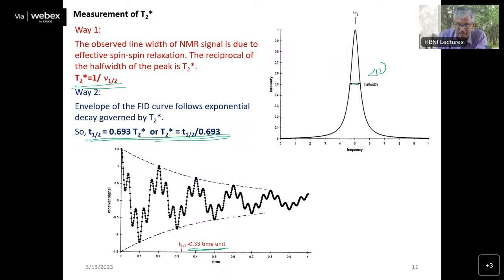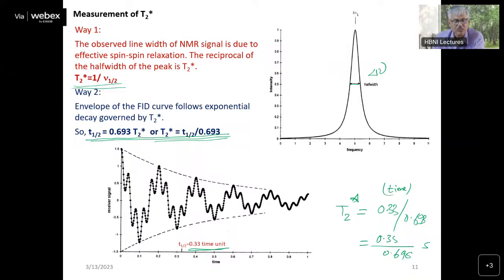Here it will be T2 star equal to 0.33 by 0.693. Now this is a time unit, normally in seconds, so it will be 0.33 by 0.693 second, and you will see it will be less than 1 second.